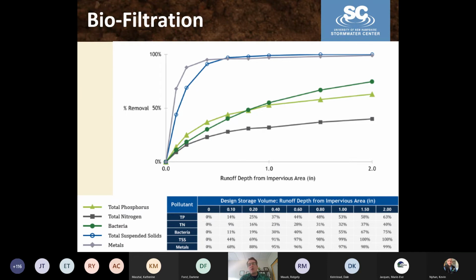So for the most part, when we model a bioretention system and we elevate the underdrains and it's in a decent soil, like an A to a C soil, we're modeling it as an infiltration basin because we're taking credit for the infiltration that we know is happening. So you would use the biofiltration curve when you're in a D soil, or a soil where you're not anticipating it infiltrating much.